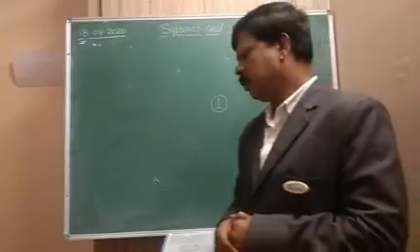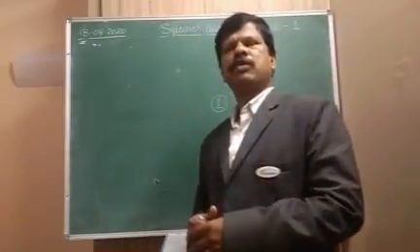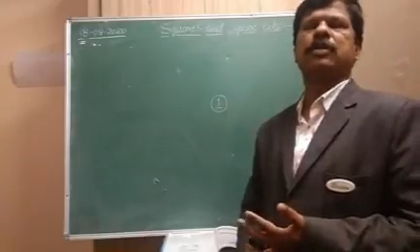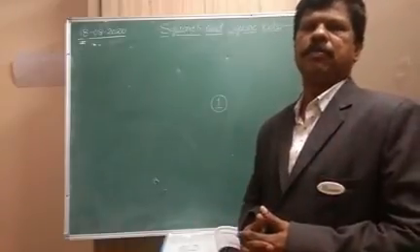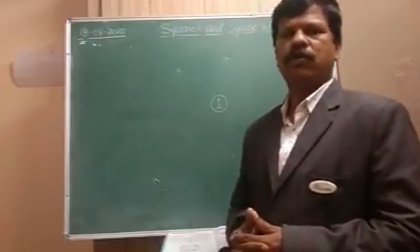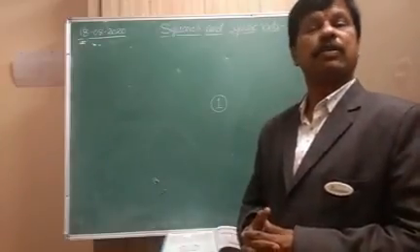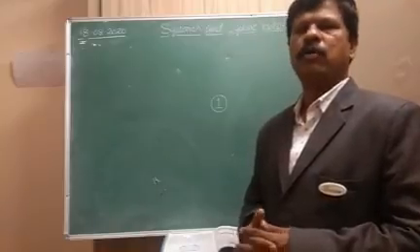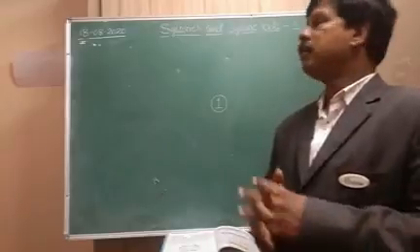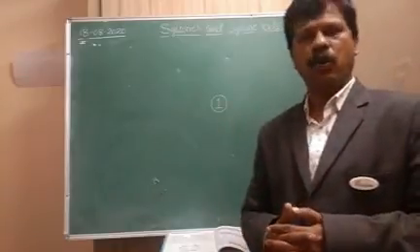Here we study finding squares, positive and negative numbers and their properties, and how to find the square roots of perfect square numbers. You have only that much in this 8th standard.